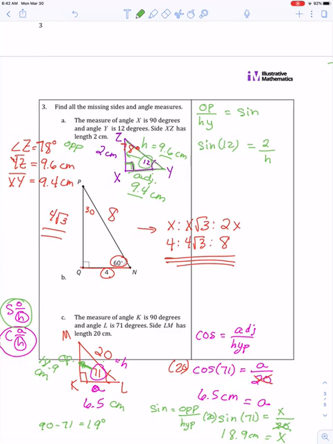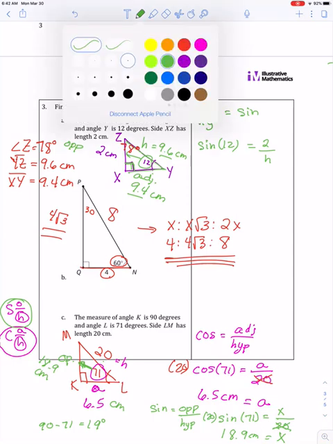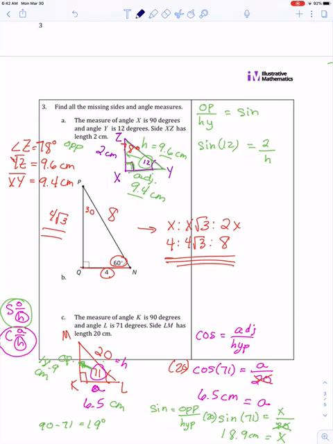So let me kind of sum this up for you. So my angle, M, is 19 degrees. KM, segment, we found to be 18.9 centimeters. And then KL is 6.5 centimeters.